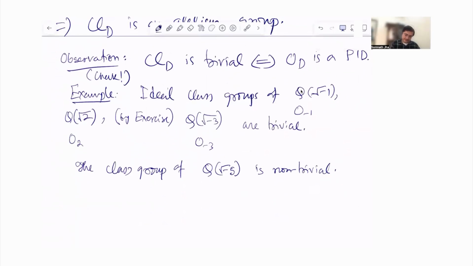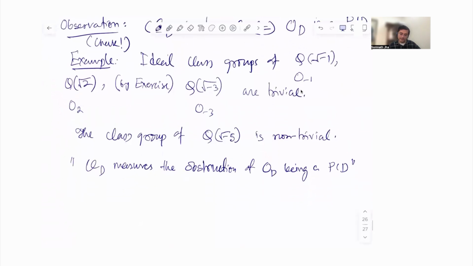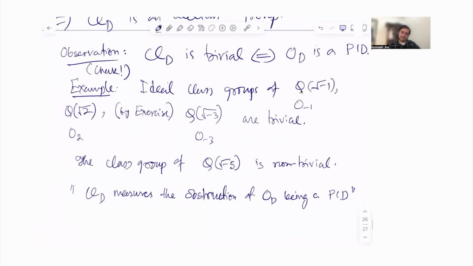So in that sense, the class group of D measures the obstruction of O_D being a PID. So more precise is this one.